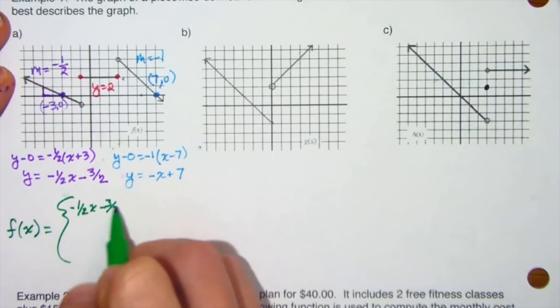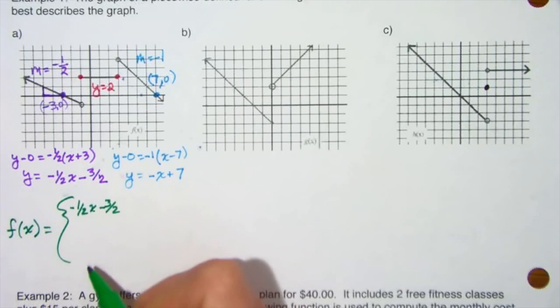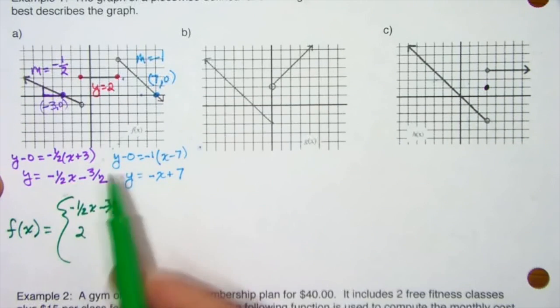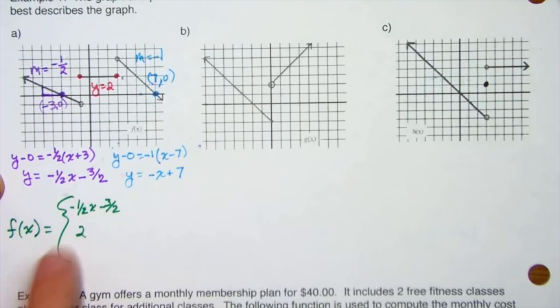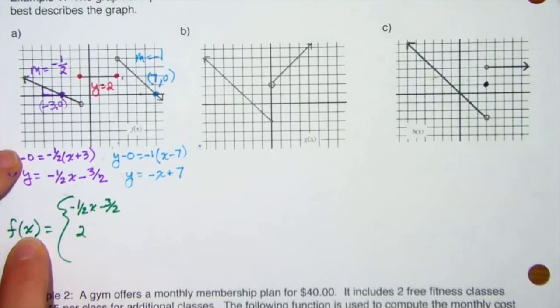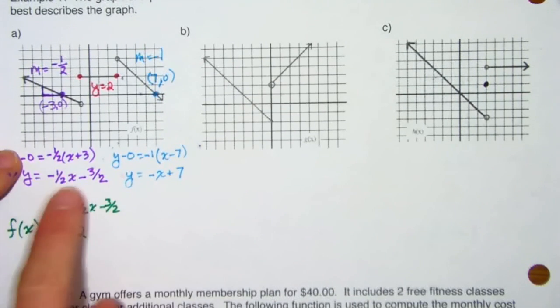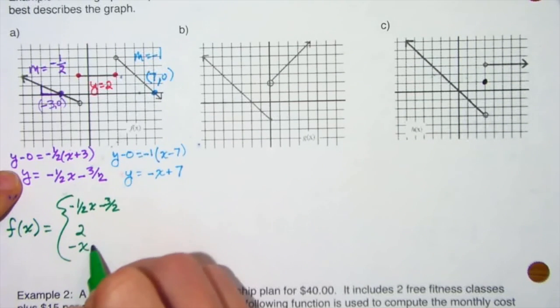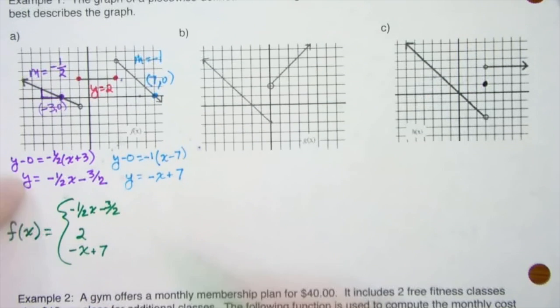So that's the purple guy here. The second one is just 2. Notice I'm not writing y equals for all these because my y is f of x. So I'm just writing the other half of the equation. And then negative x plus 7.